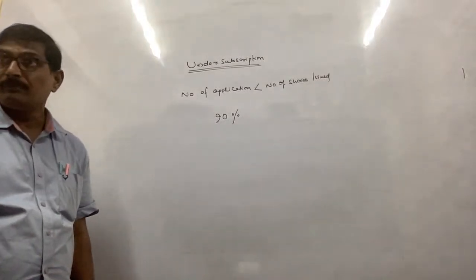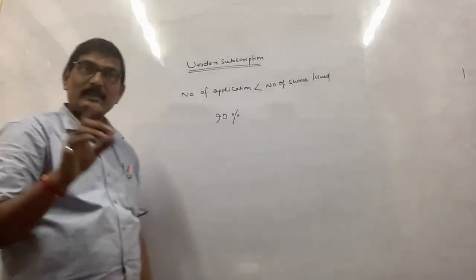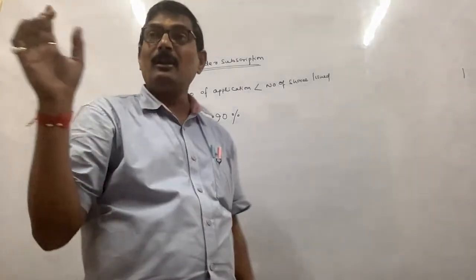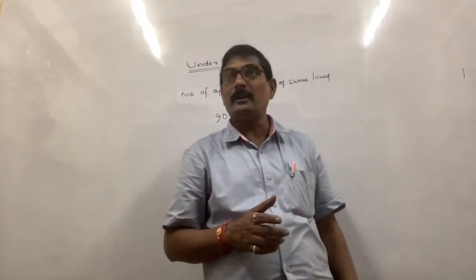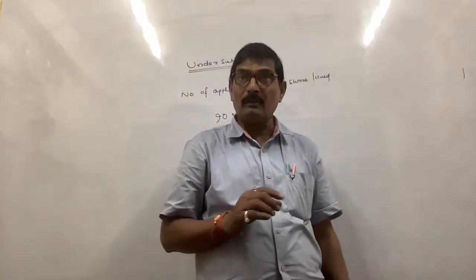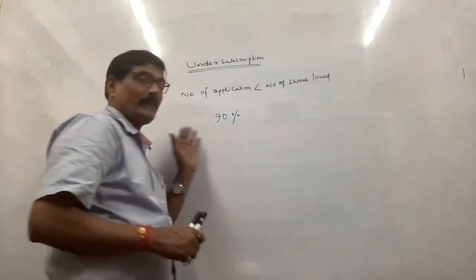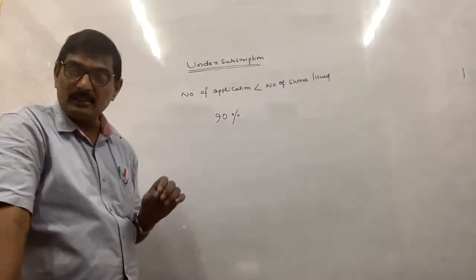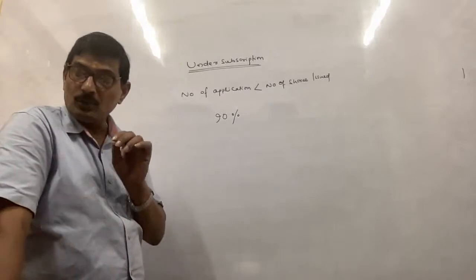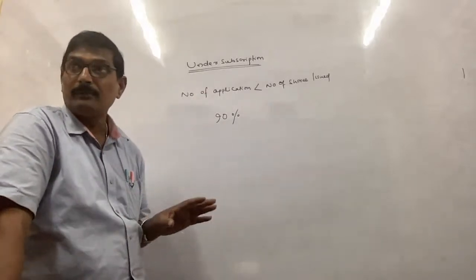Because in that case, the examiner wanted to know whether we know how to write the journal entries. But so far as MCQs are concerned, remember, unless we receive 90% of the issued capital, we cannot go for allotment.